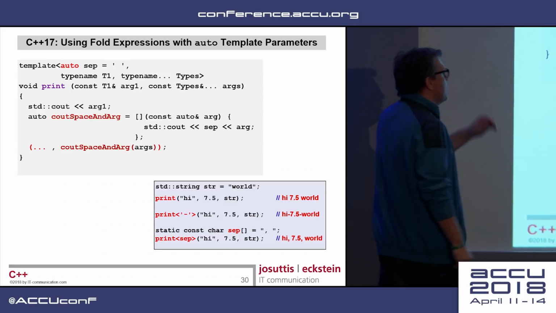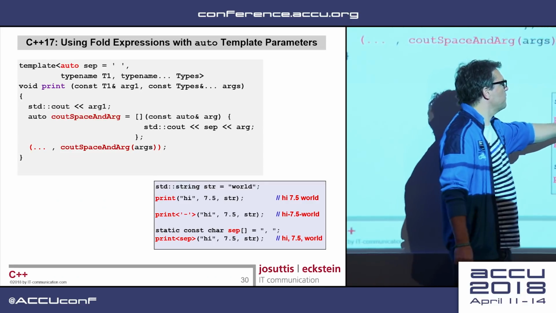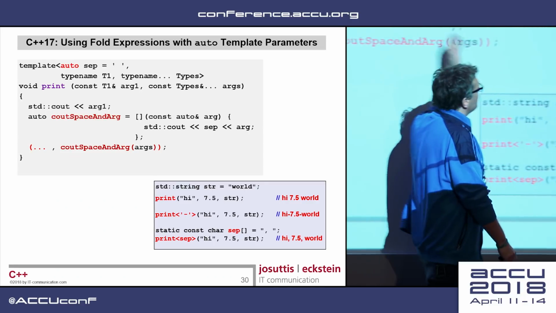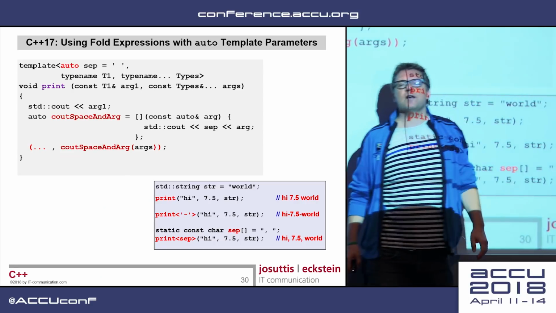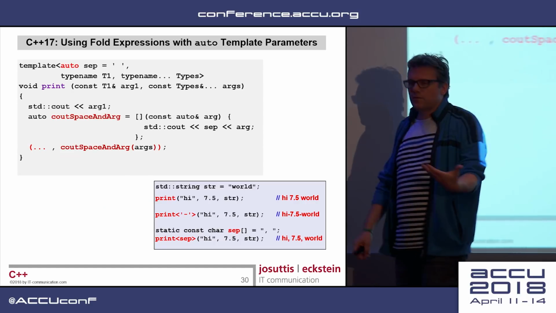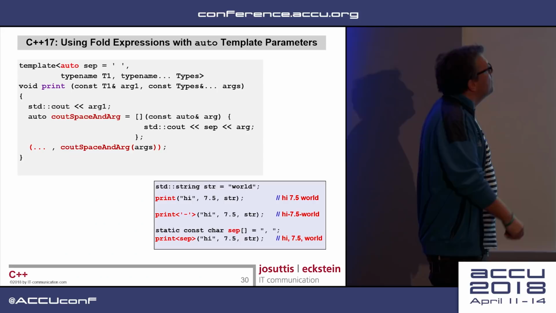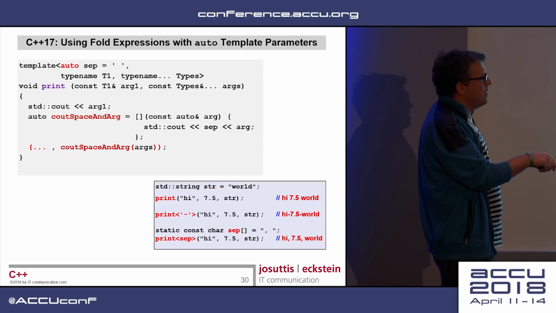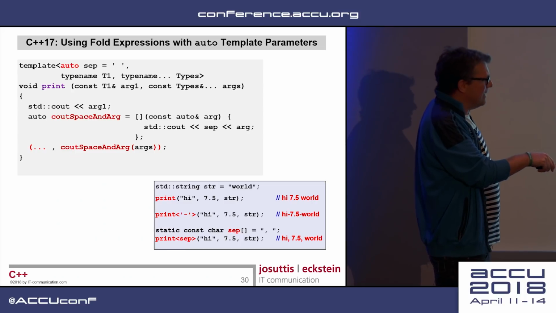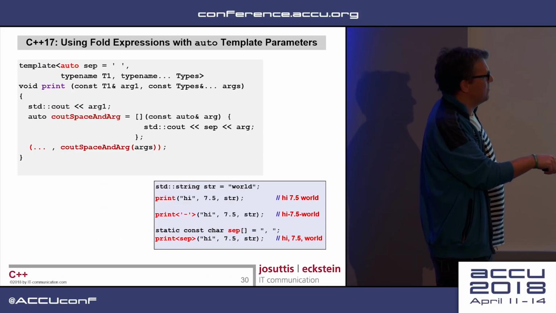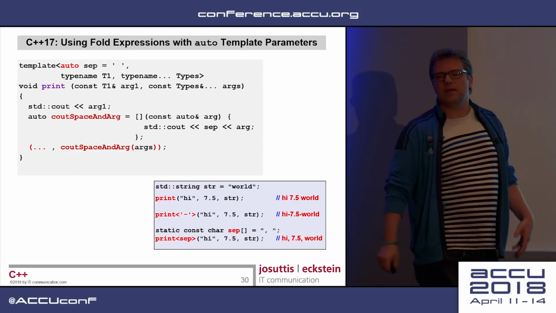And that means we can call print for 3 arguments, and it will put a space between these arguments. But this template also allows us to put another separator here, for example, a dash as a character, or now with the new way to pair strings, here a string, for example, comma space as a string.